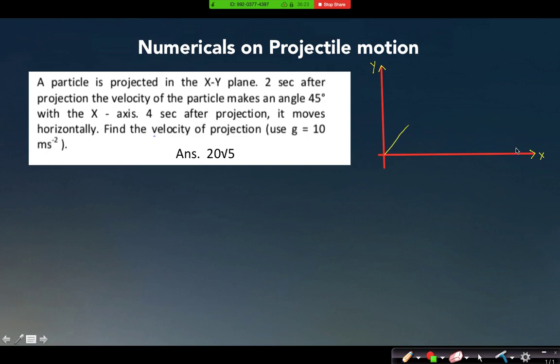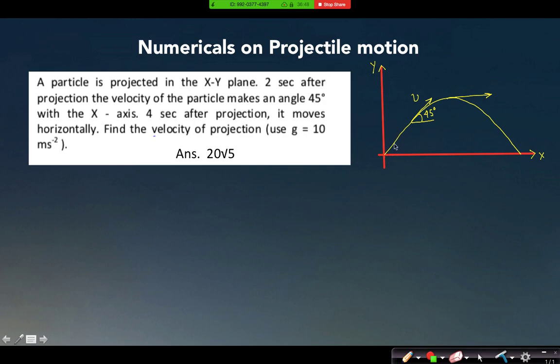This is the motion of the particle it is talking about. After 2 seconds its velocity vector makes an angle of 45 degrees with the horizontal line, and after 4 seconds it is moving horizontally, right?